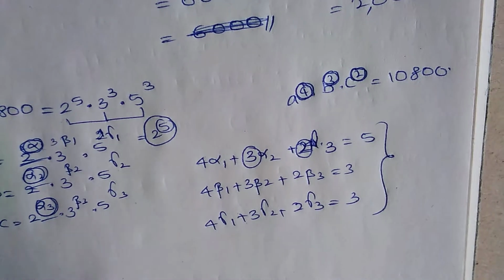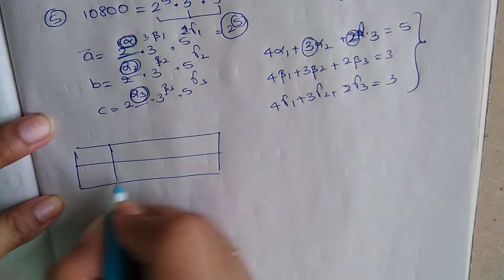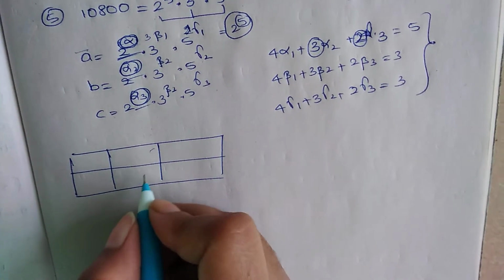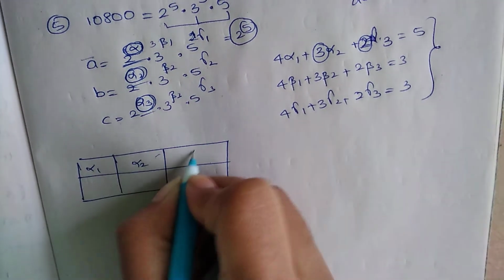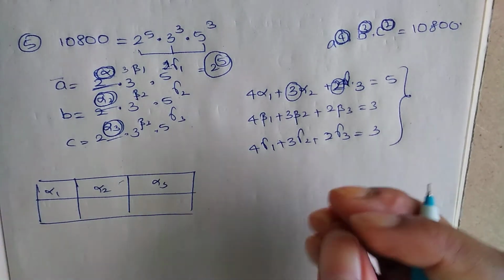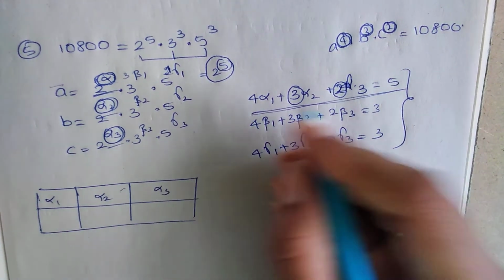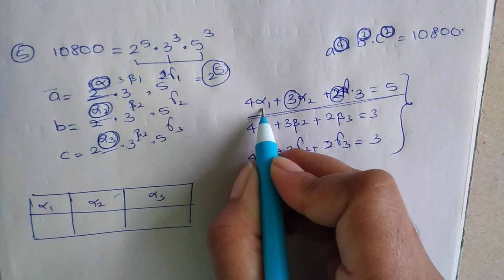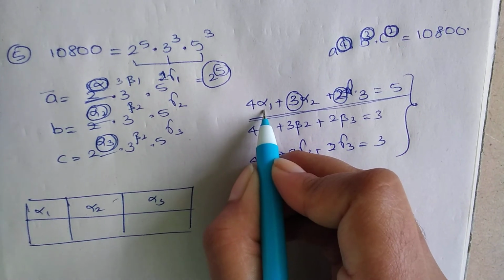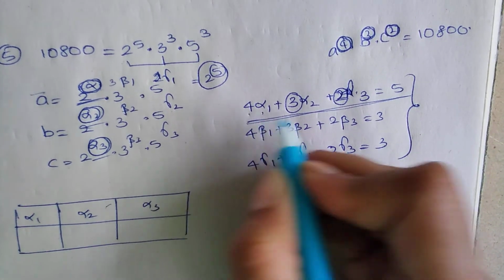Now, make a box for each of these. Alpha 1, alpha 2, alpha 3. You write the possible ways such that this equation is satisfied.